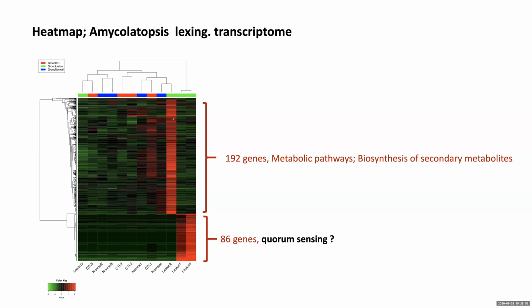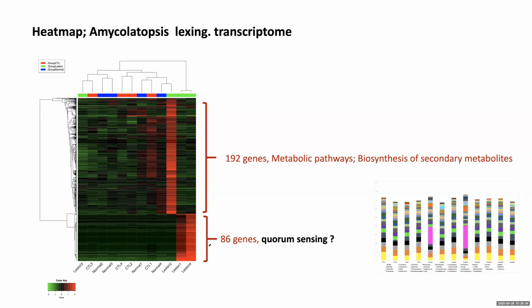When you look at the function of those genes, lesion 2 were all showing that they are metabolically active and biosynthesizing other metabolites, while the genes from lesions 1 and 4 were not showing any active pathway, but a few of them were similar to the quorum sensing genes that were identified in Klebsiella.